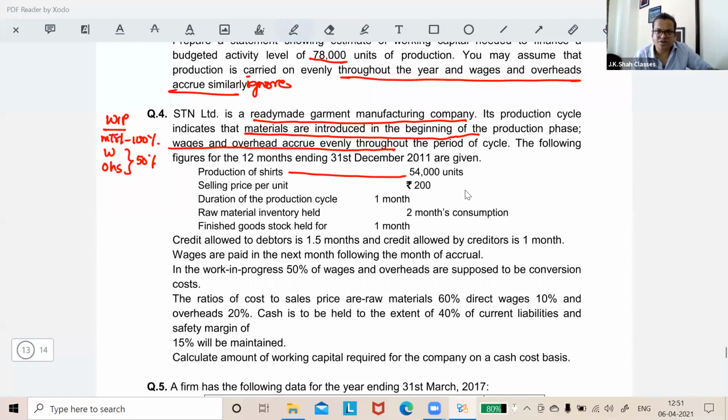You are given some details. Production of shirts is 54,000 units. Selling price is 200 per unit. Now again, you remember question number 1 discussed in class? We had a similar condition.